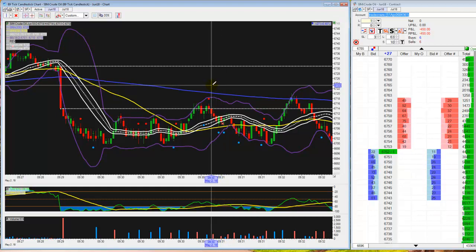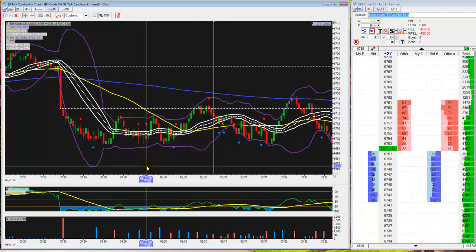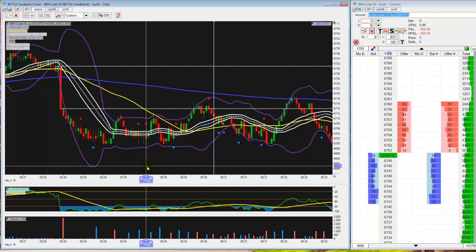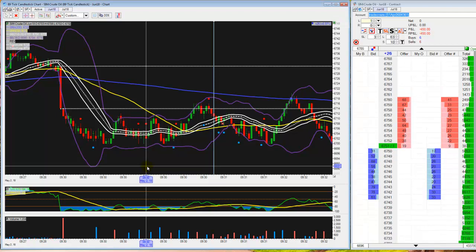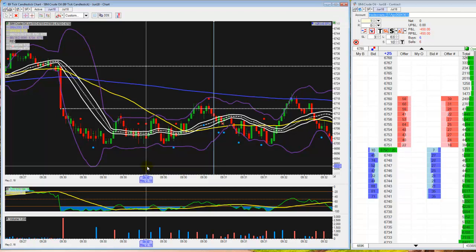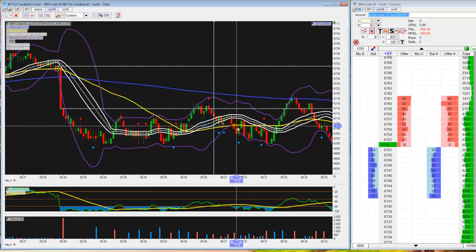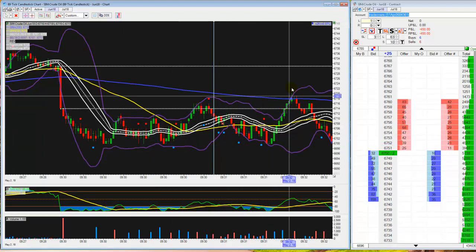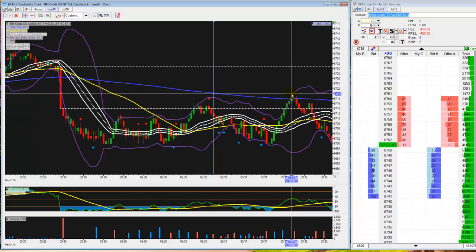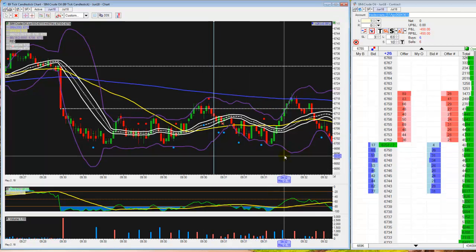And there's always something I could have done better. But this is how I learned. So here's your 1 minute. And from that point, I wanted to be short. So I liked my opening trade. It could have been underneath a little bit more, but it would have been a loser anyway. So opening trade, loser.